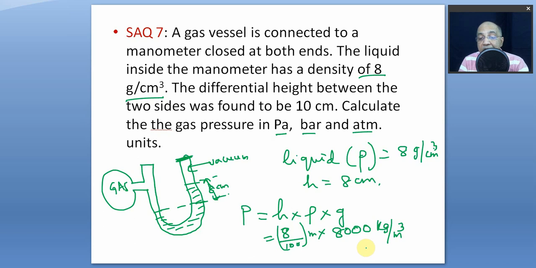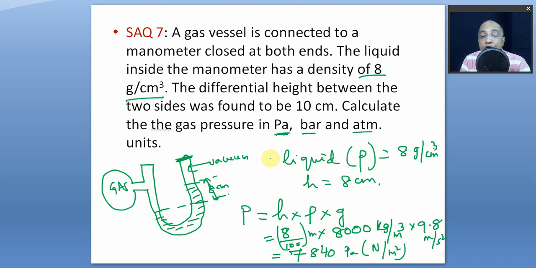So ultimately it will be in the numerator 10 to the power 3. So 8000 kg per meter cube, into acceleration due to gravity 9.8 meter per second square. All SI. And ultimately you will get pressure in Newton per meter square, in Pascal, that I have got as 7840 Pascal or Newton per meter square.